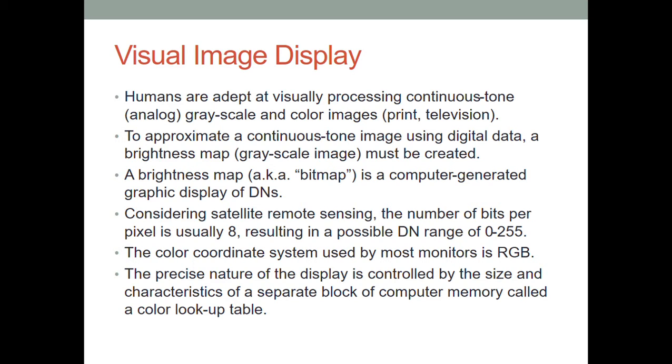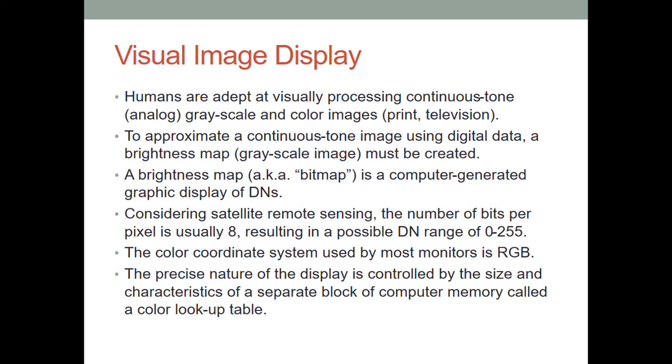Therefore a brightness map, that is a grayscale image, must be created in the first place. A brightness map, also known as a bitmap, is a computer-generated graphic display of digital numbers. So what are digital numbers? It is a representation of the intensity of the brightness value in numbers that can only be understood by the computer.